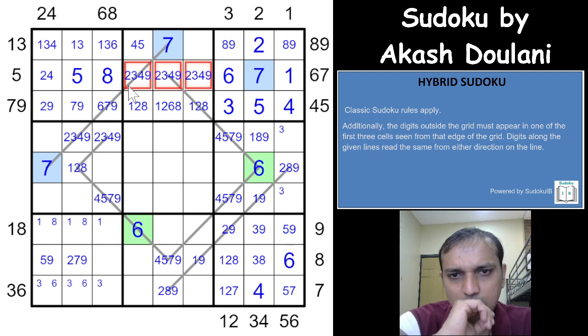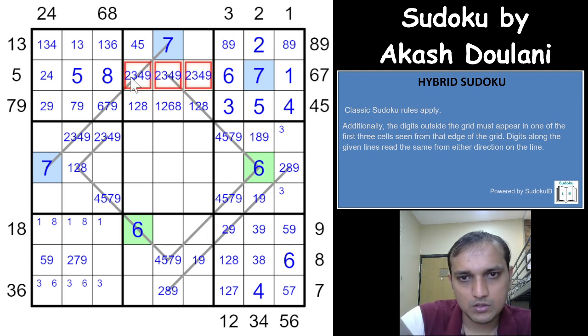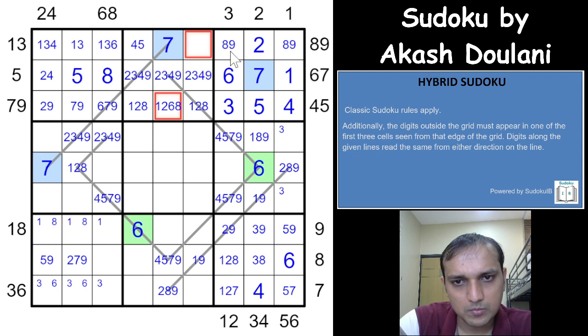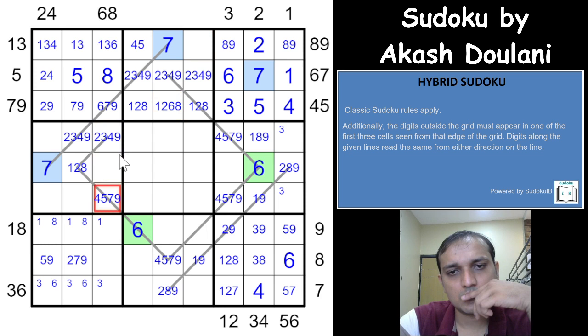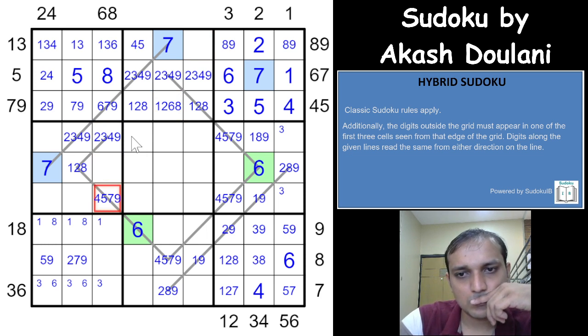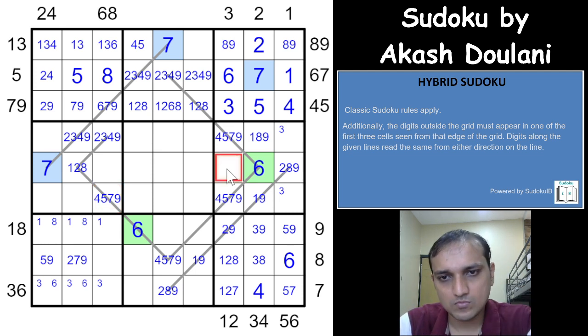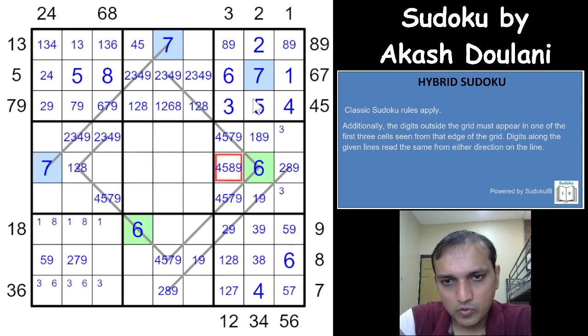One of these three cells, right? 6 cannot be here. Cannot be here. Cannot be here. So 6 is in one of these two cells. 4, 5, 8, 9.